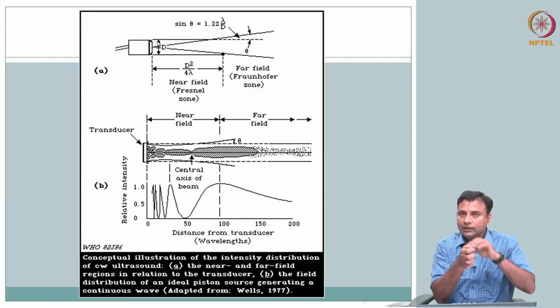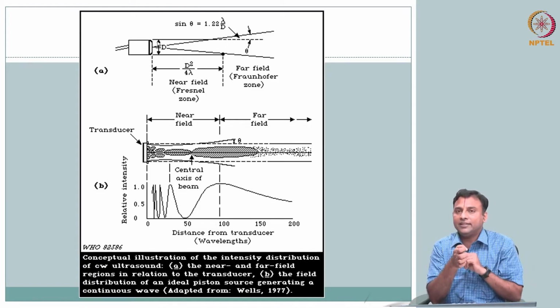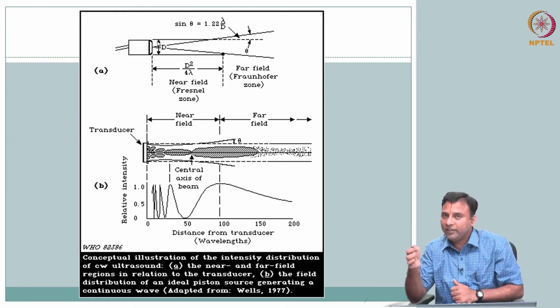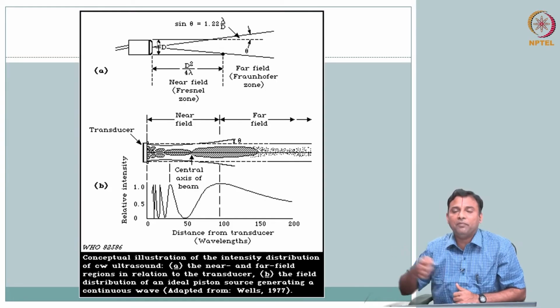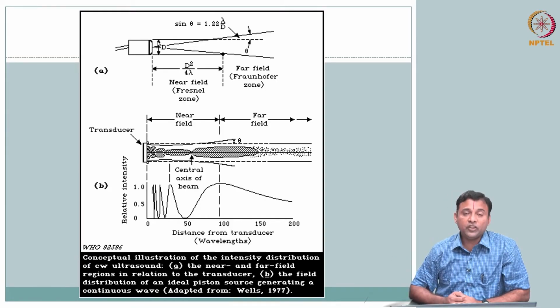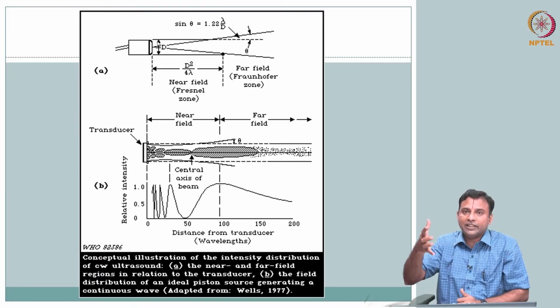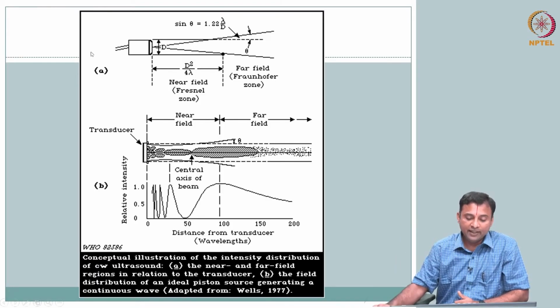You do this, now the question is, if you do this inside the medium, is it just going the same way? Unfortunately, it is not that straightforward. It is going to start to diverge as you go. Not just diverge, the behavior of points near the transducer is going to be different.